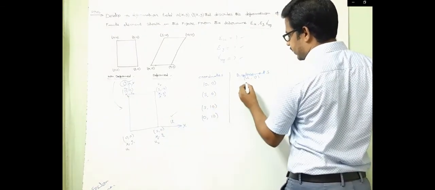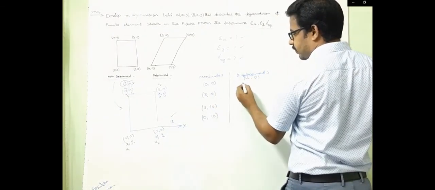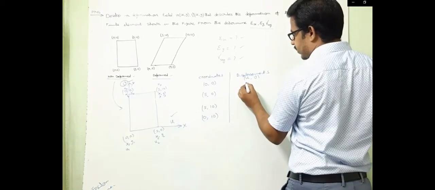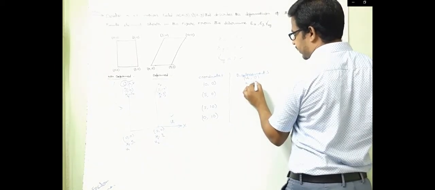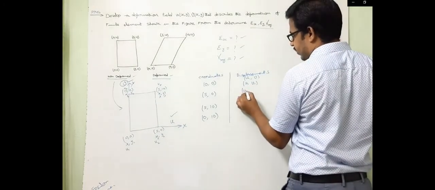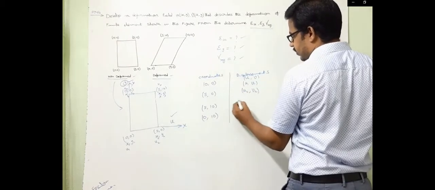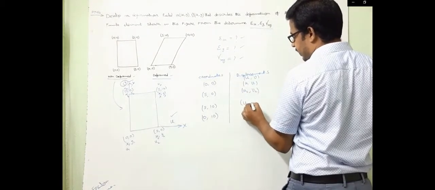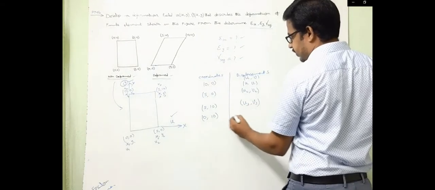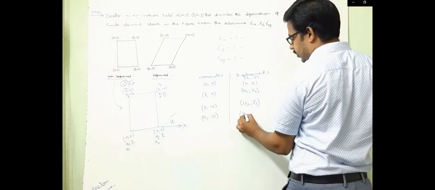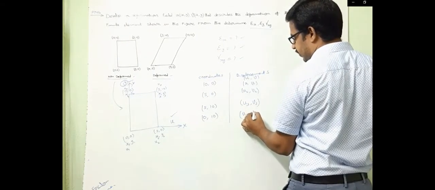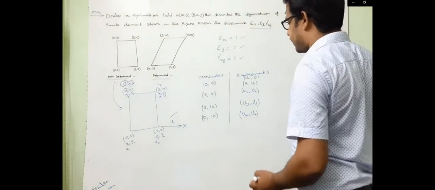The first node has u1 comma v1, the second u2 comma v2, the third u3 comma v3, and the last u4 comma v4. These are the displacement values.